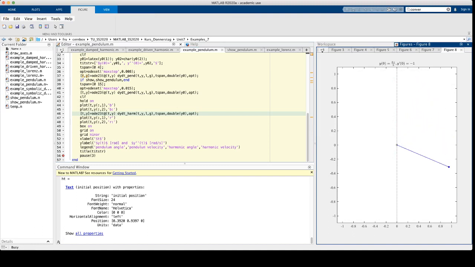Now the initial position is at 160 degrees.